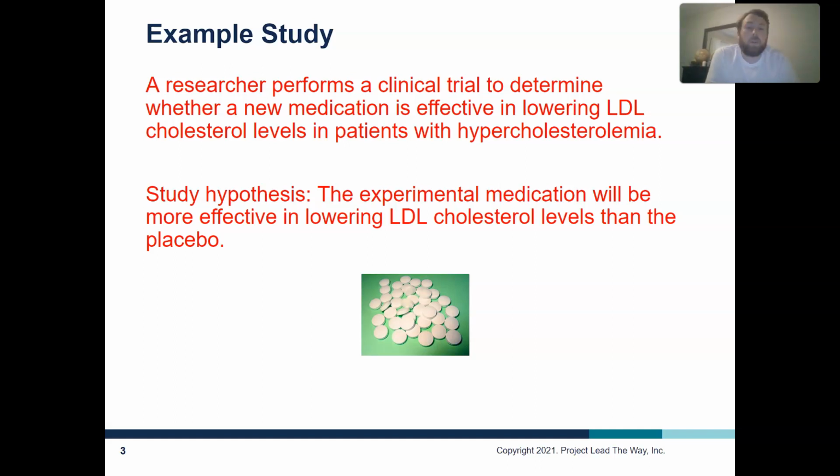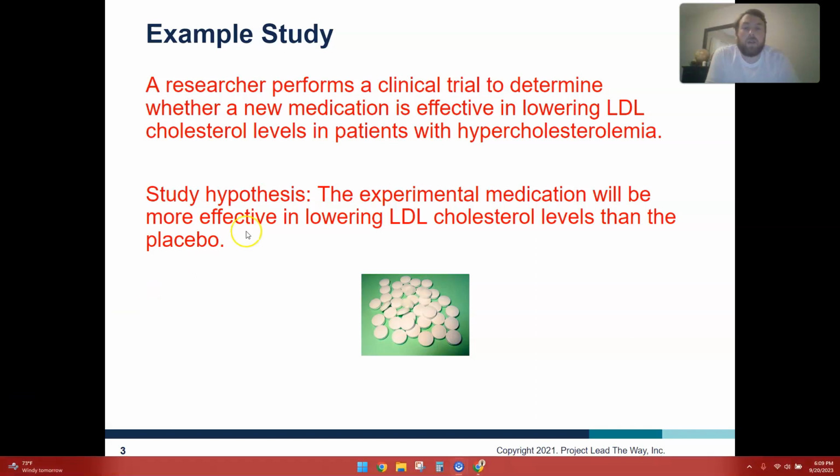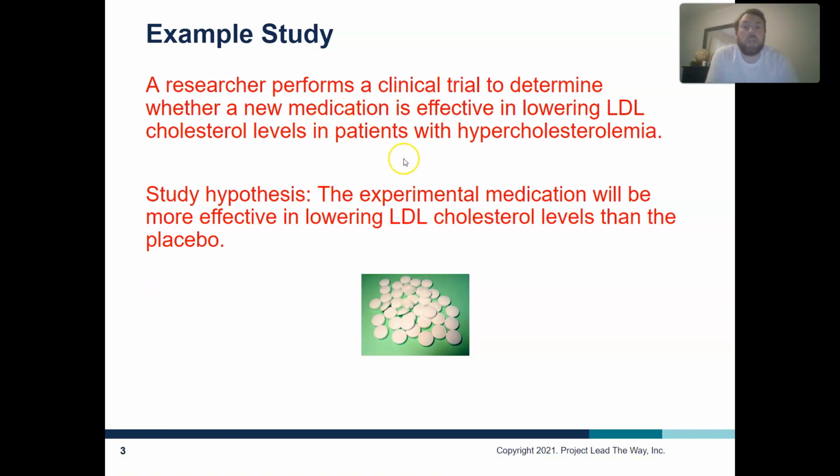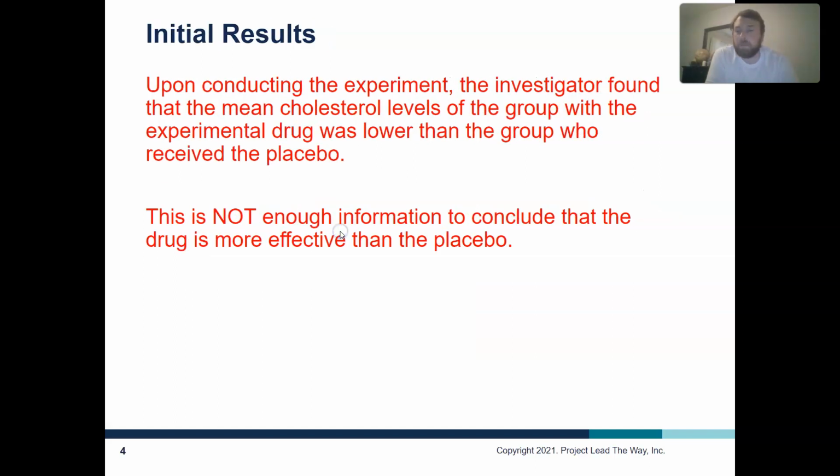In this particular one, we're looking at a cholesterol medication in patients with hypercholesterolemia. The study hypothesis would be that the experimental medication that they developed would be more effective in lowering LDL cholesterol levels than the placebo effect, essentially, a sugar pill.